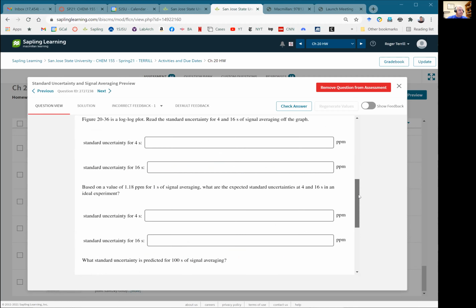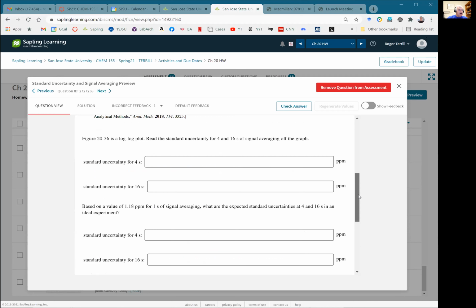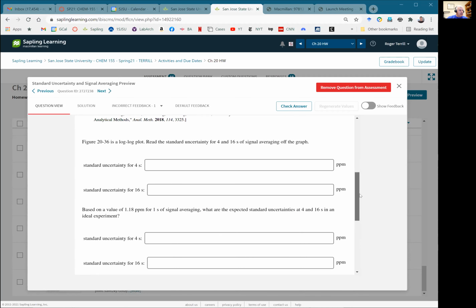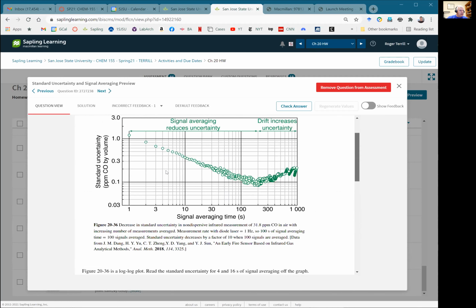So let's just see here. Holy cow. So standard uncertainty for 4 seconds, right? You would come up here, and you would go up here, and this would be like 3, 4, 5, 6, I think. I think this 4 seconds would be 6.